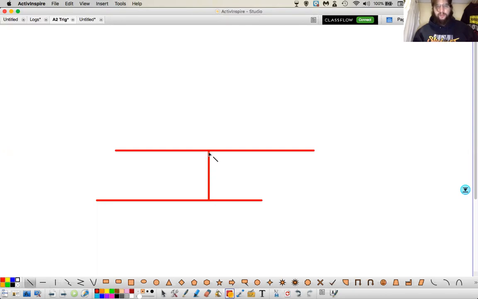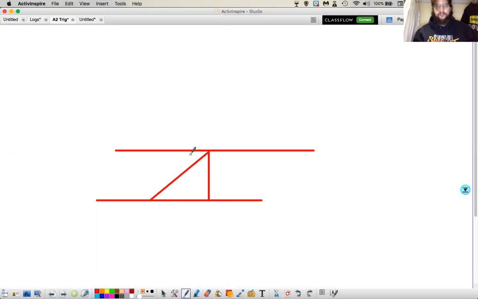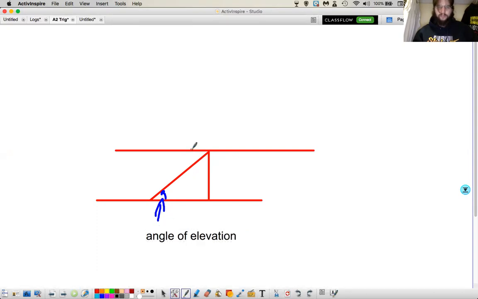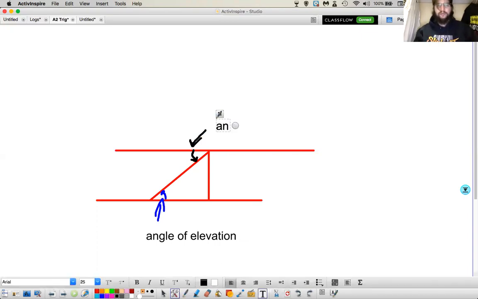Now, if I'm talking about the angle of elevation, that's down here looking up. That's the angle of elevation. If I'm talking about the angle of depression, that's the angle looking down from the horizontal. This angle right here. We always have to start at a horizontal. So that is our angle of depression.